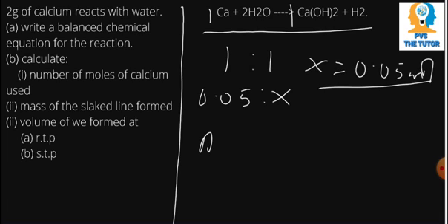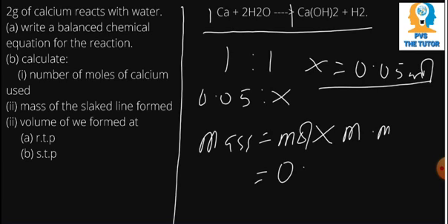So mass will be equal to number of moles times the molar mass. And moles, that's 0.05 times the molar mass of calcium hydroxide, that is 74. And we are going to have 3.7 grams.